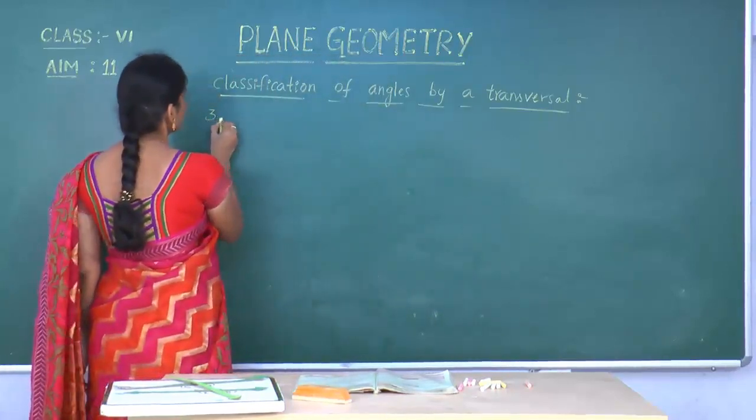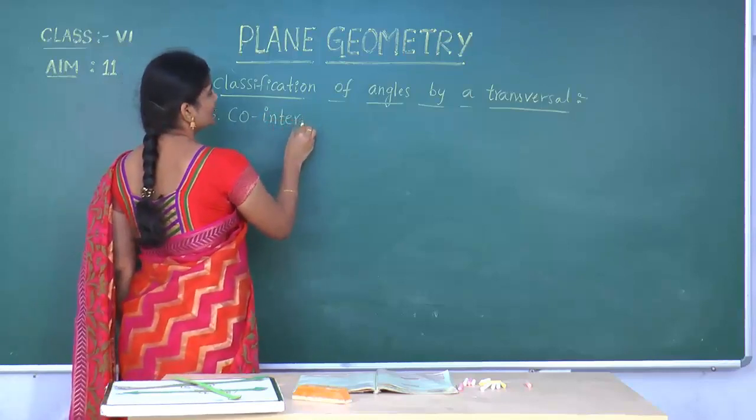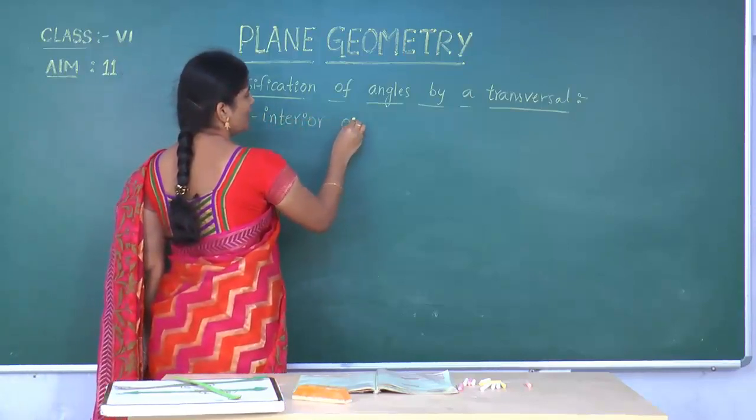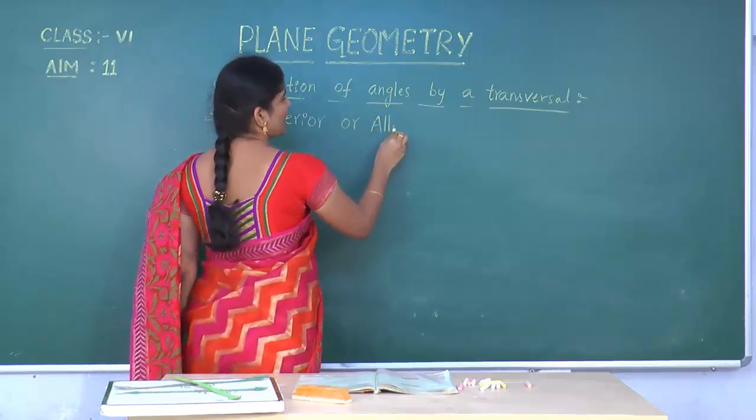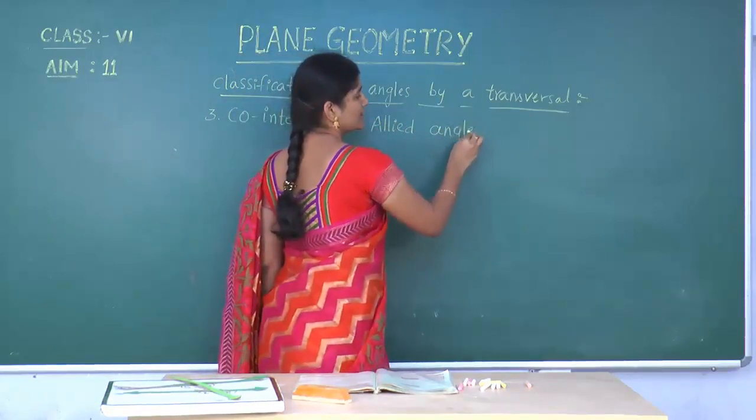And the third one is co-interior or allied angles.